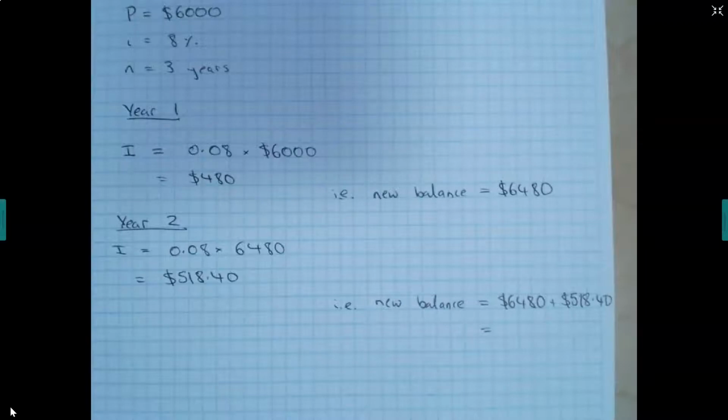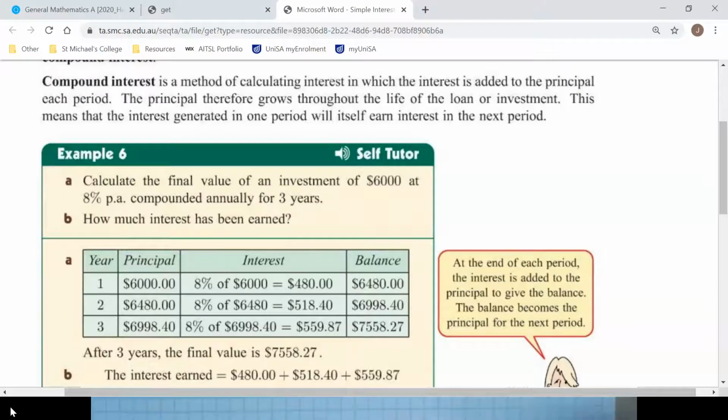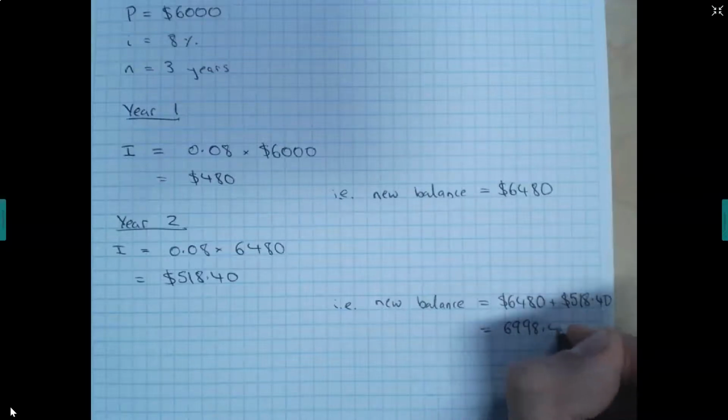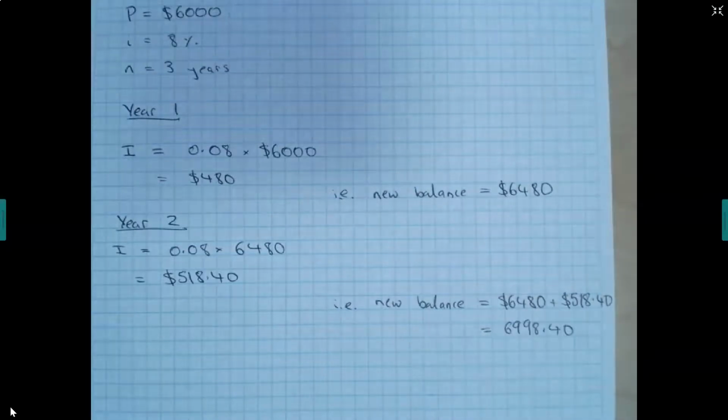You'd add those two together, and it comes out to $6,998.40. Now remember, this was happening over 3 years.